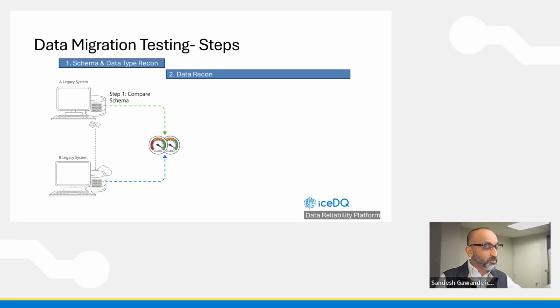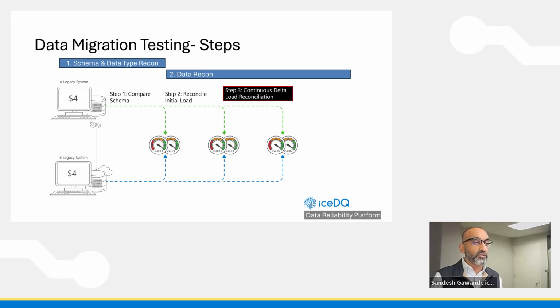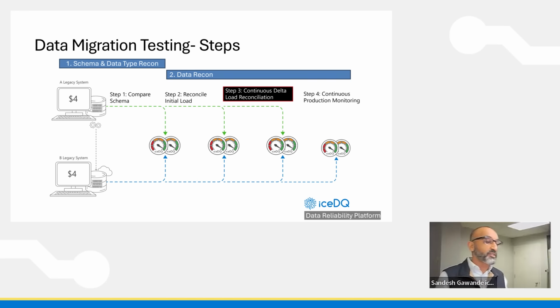But basically, you need to do the same thing. Make sure the schema is based on the mapping document, the schema matches, then the initial load matches, right? And then every time they do a delta, the delta matches, the incremental load, right? And then when the system runs in parallel, the data matches. So you need to have these 4 phases of testing within your system.